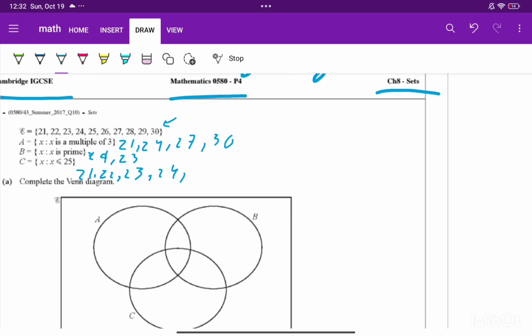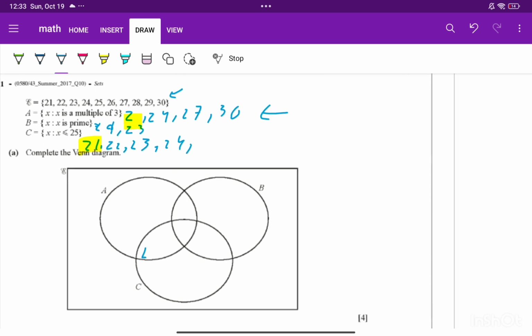So we will first see, in set A, is there any number which is common with set B and C? So 21 is common. So set A and C, I will write 21 over here.